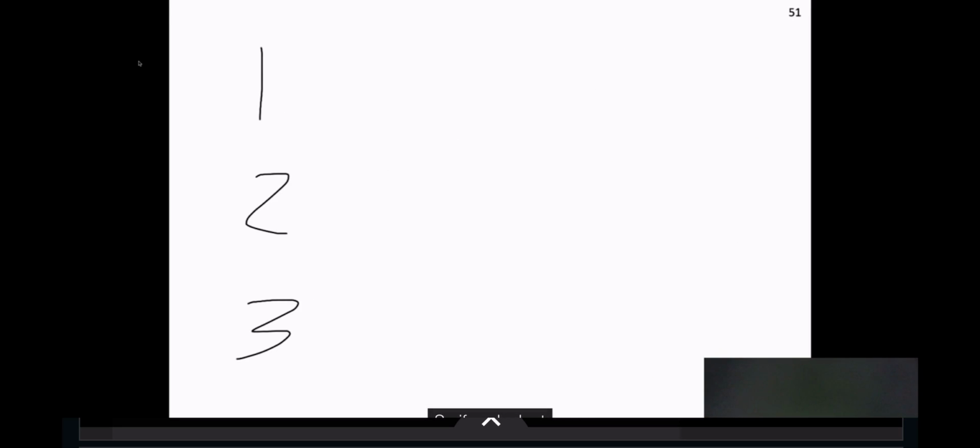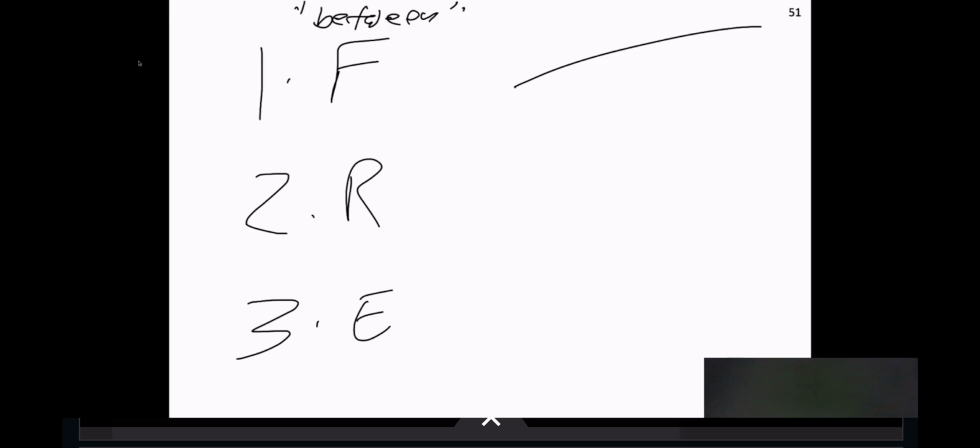So if we look at three types of levers, we could go 1, 2, 3. FRE, the thing that's in between. And what does that look like? In a type 1, the fulcrum is in between the effort and the resistance. And the other thing about a type 1 is they're going in different directions.